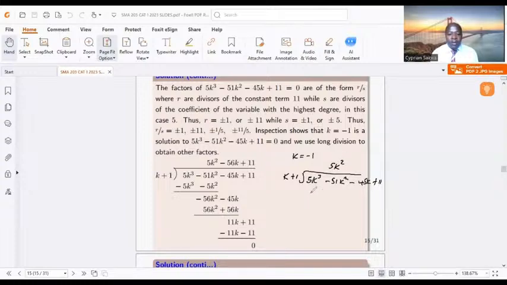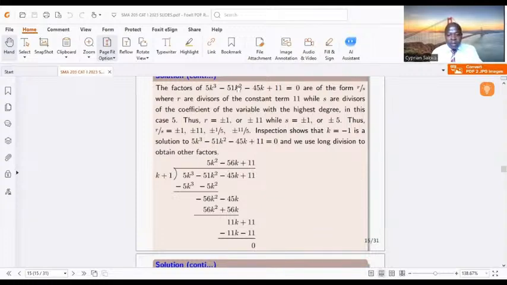So write that 5k squared here. Multiply by that: 5k cubed, and then plus 5k squared. I subtract the bottom equation from the upper one. This part you get a 0, and this other part you get -56k squared. So do the same thing, and you get this as the quotient.